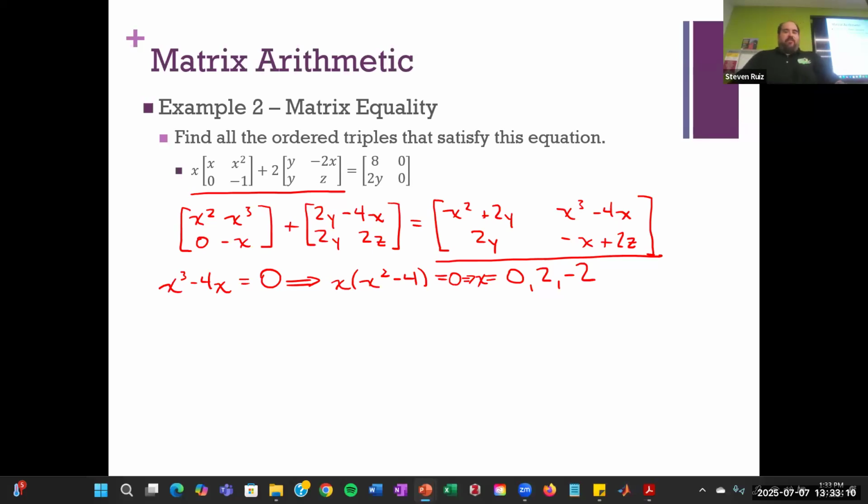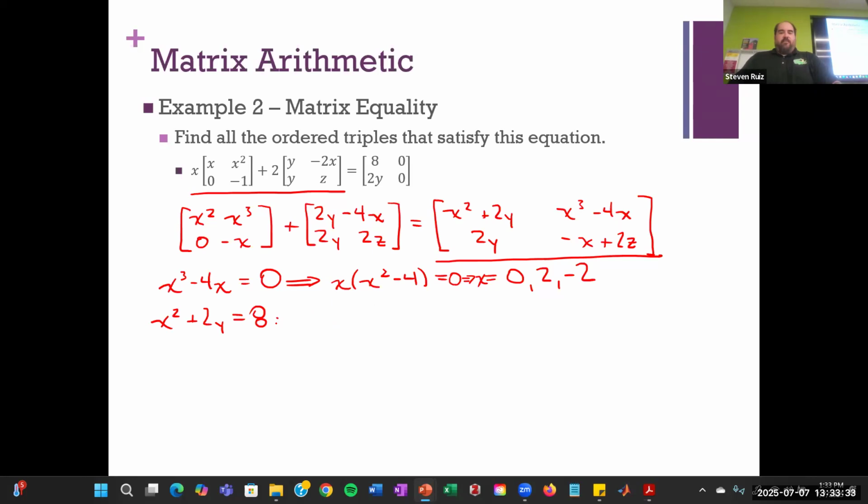All right, so what other conditions do we have? What's that? x squared plus 2y equals 8. What can I say about y then? I can plug in my x values.